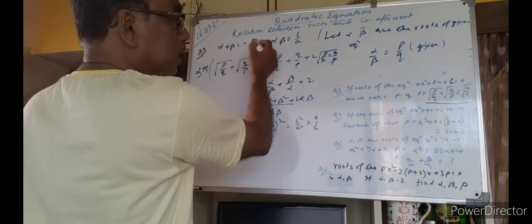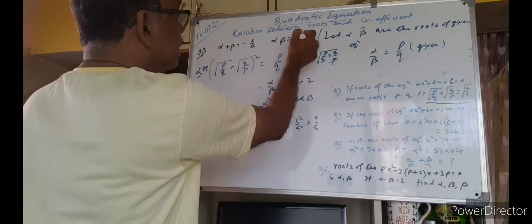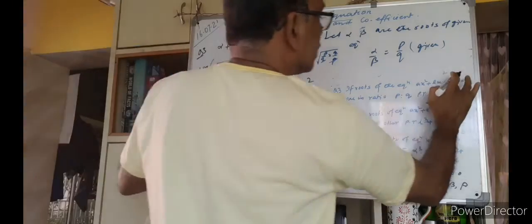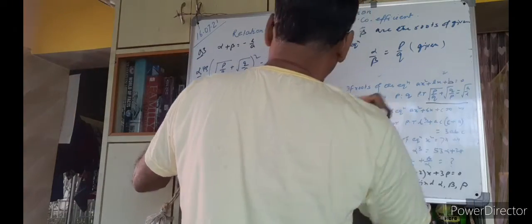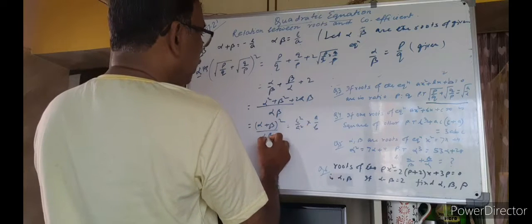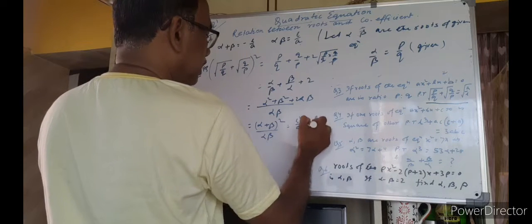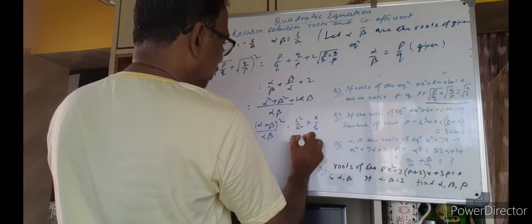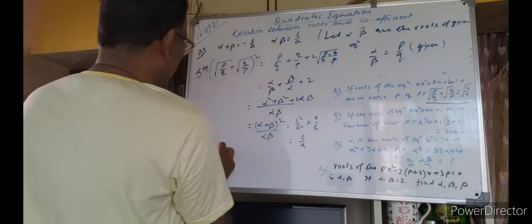So alpha plus beta is minus b by a, alpha beta is c by a. The value is b by a, that is a by b.